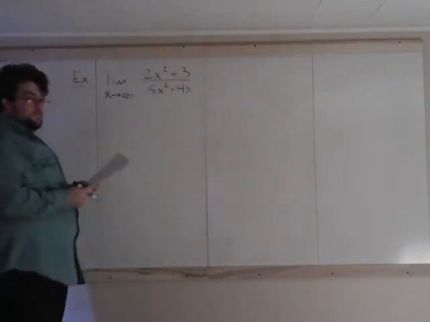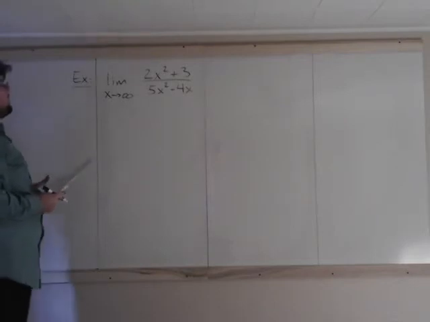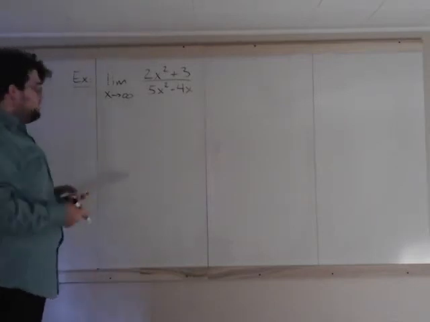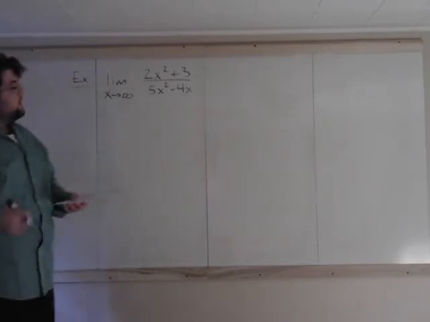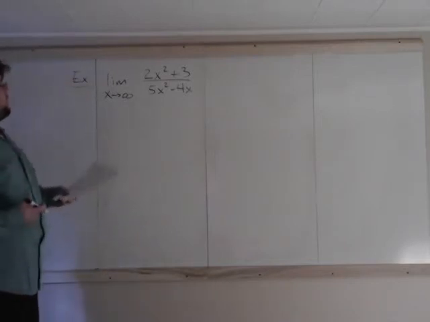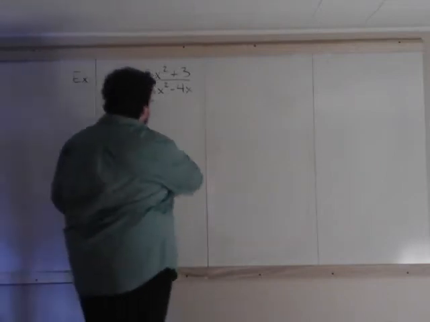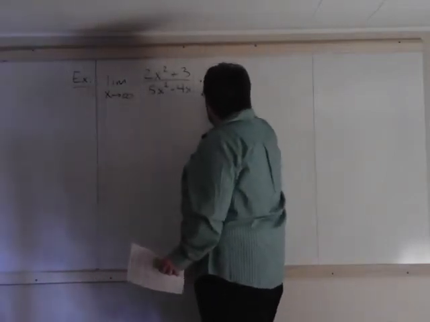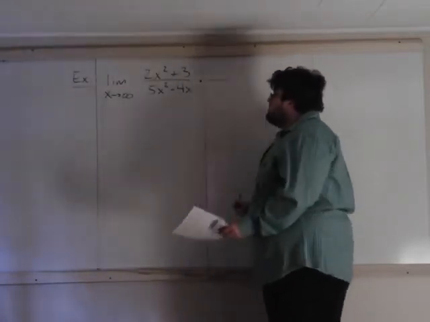Limit as x goes to infinity, 2x squared plus 3 over 5x squared minus 4x. And what we're going to do for all of these is immediately multiply by a 1. So we have x goes to infinity, some rational function. We're going to multiply by 1. Now, which one are we going to multiply by?